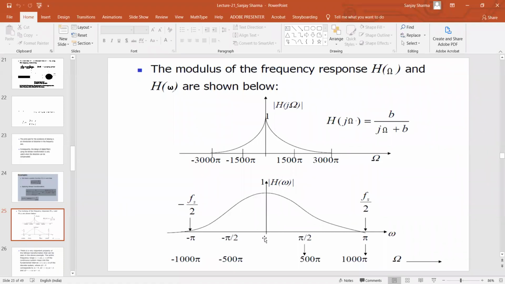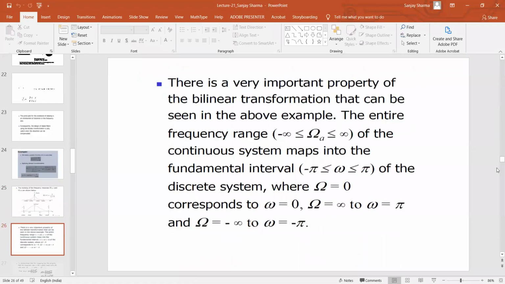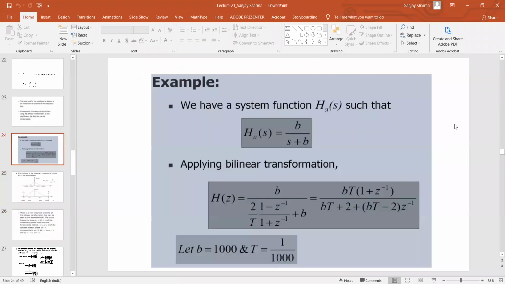Now let us look at the frequency response, or the magnitude response, in the digital domain. How to get this magnitude response? Just replace this z with e to the power j omega, and you can put these values.